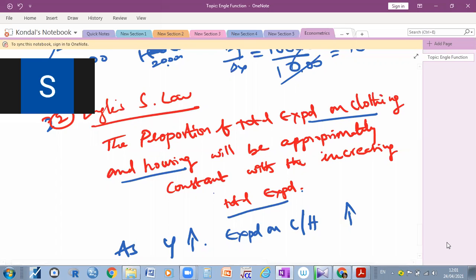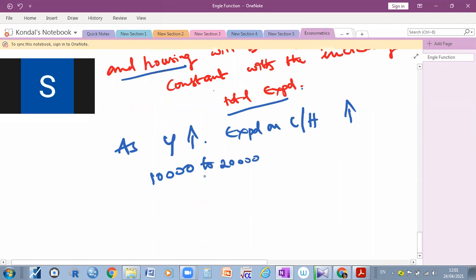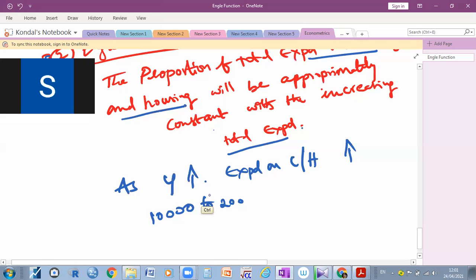It means that, for example, when your income increases from 10,000 to 20,000. No problem. Just a minute. For example, this is your income, and this is expenditure on clothing and housing.